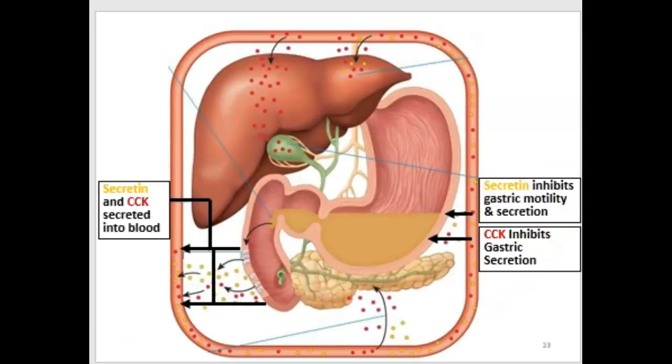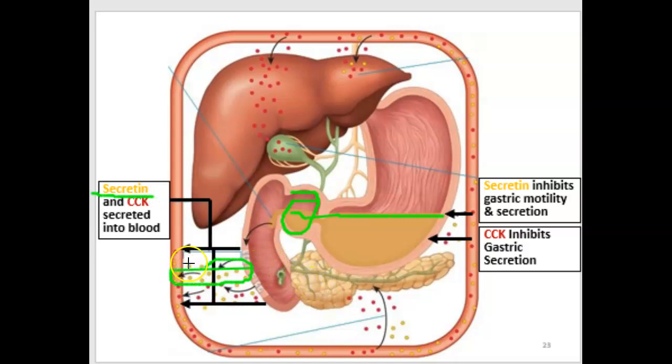So here's a picture that shows a little bit more anatomy related stuff on how hormones would work with the digestive system. So first, just notice that we've got liquefied chyme that's been squirted into this first part called the duodenum, the first part of the small intestine. Now, some of the enteroendocrine cells are going to make secretin, and that's yellow.